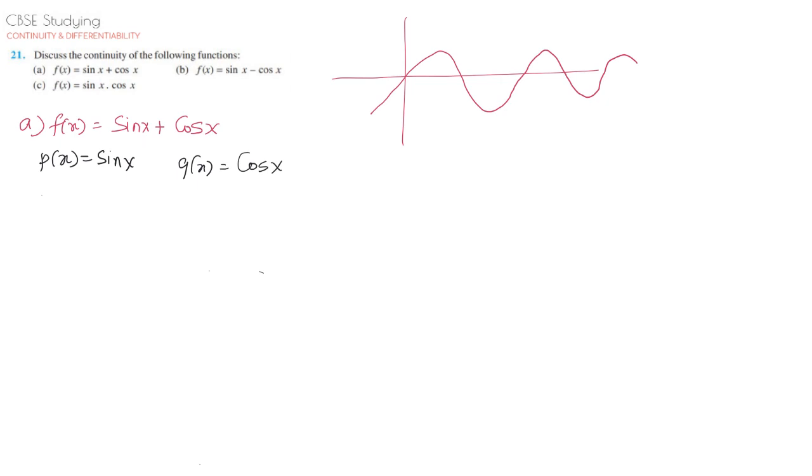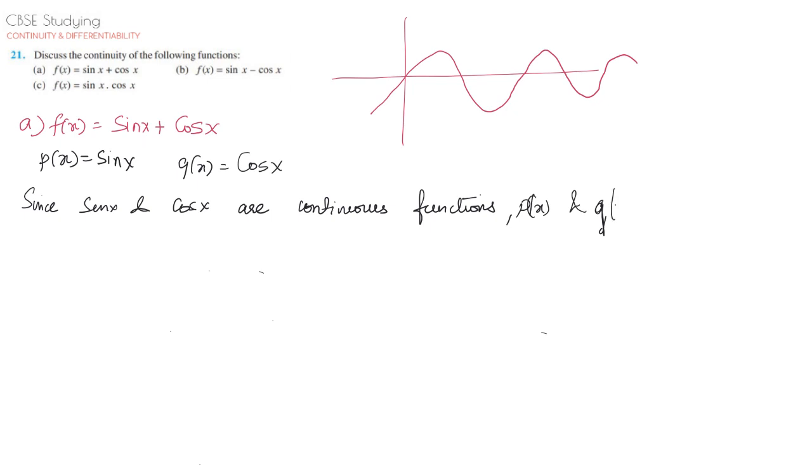So I can say that since sin x and cos x are continuous functions, p of x and q of x are continuous at all real numbers.